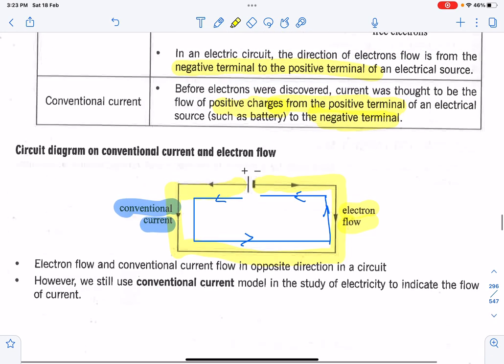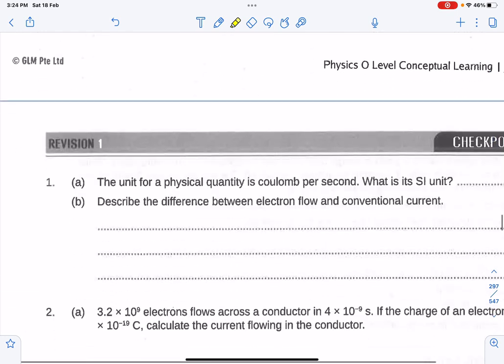So then the question, electron flow and conventional current, they flow in two opposite directions. Which is correct? It depends on the question, but we tend to use conventional current for our study, meaning the movement from the positive terminal to the negative terminal.